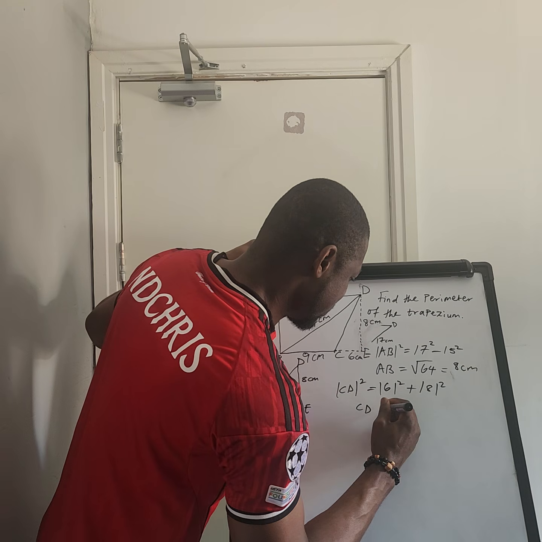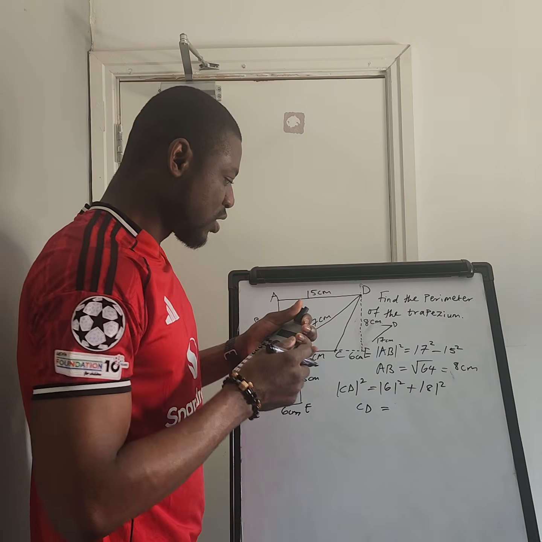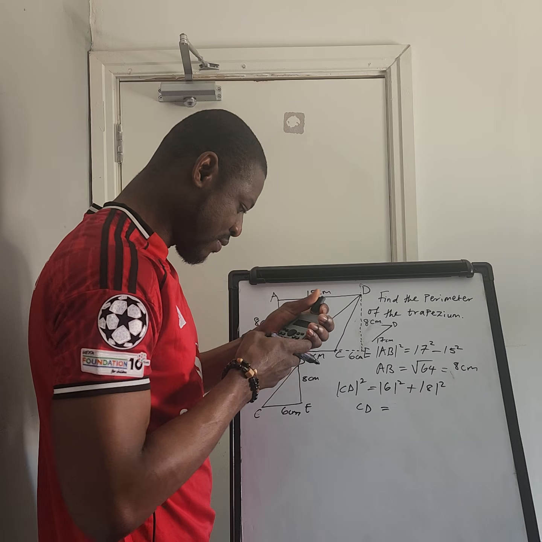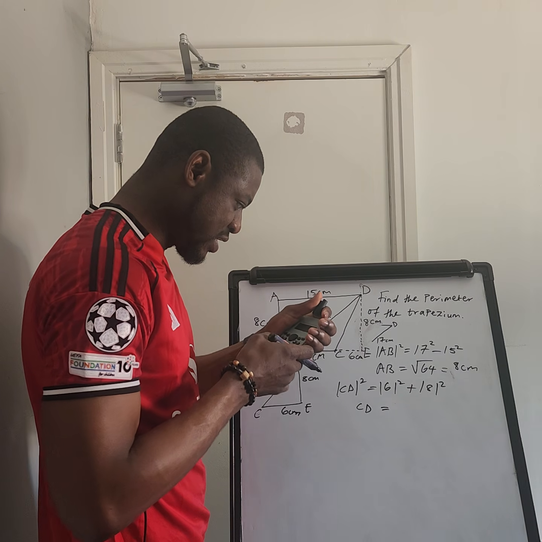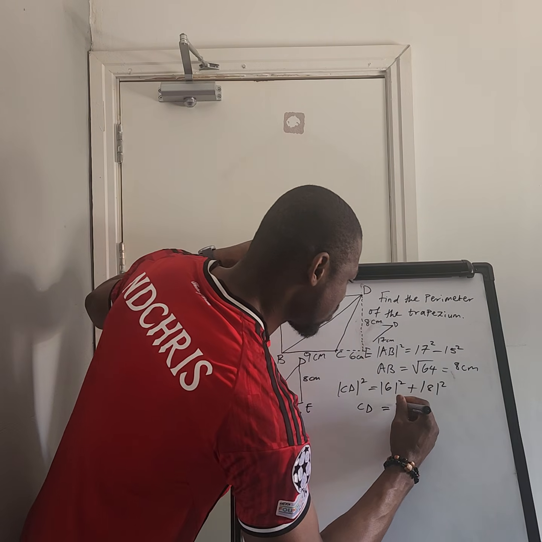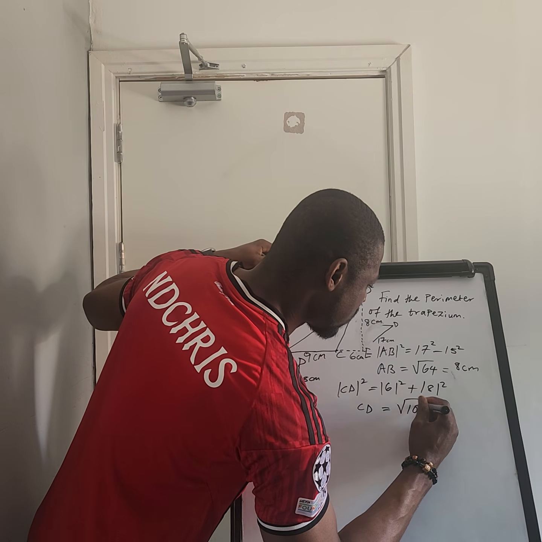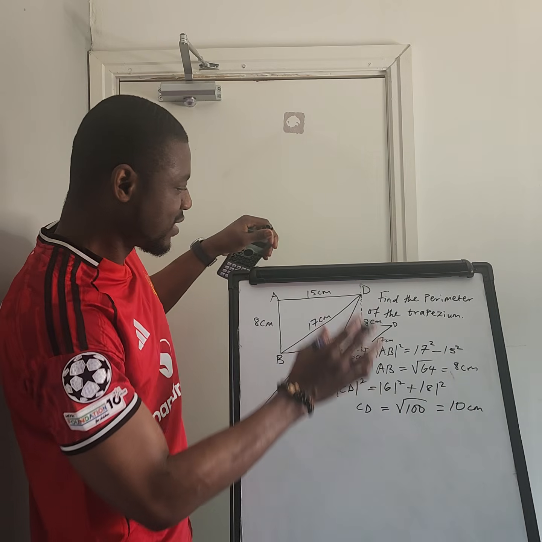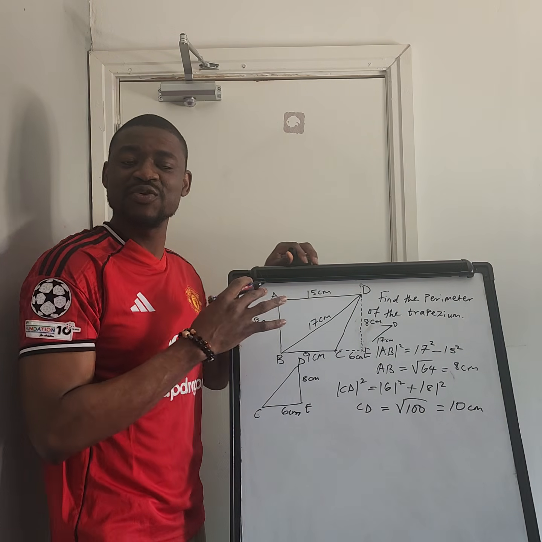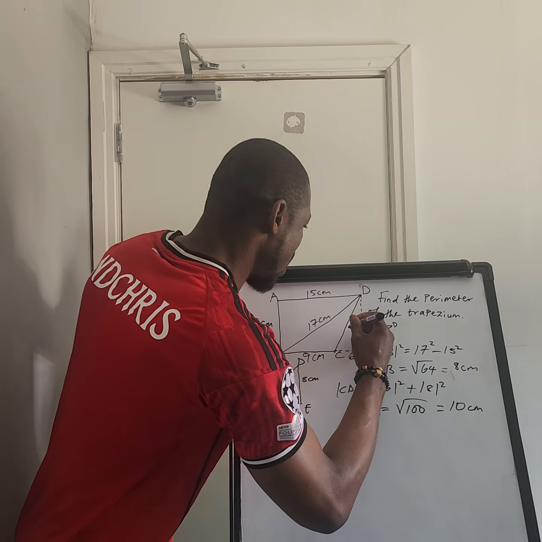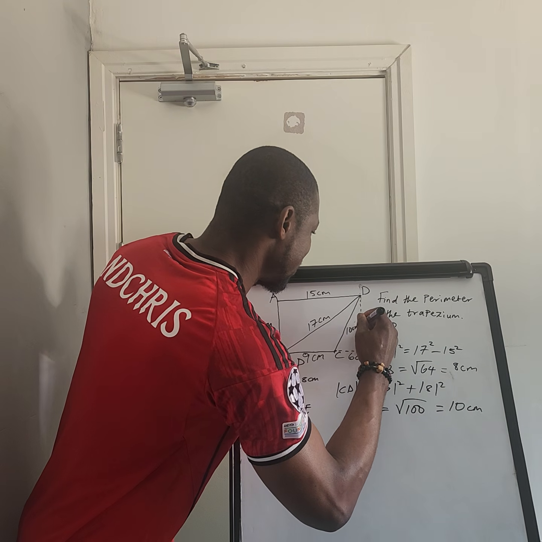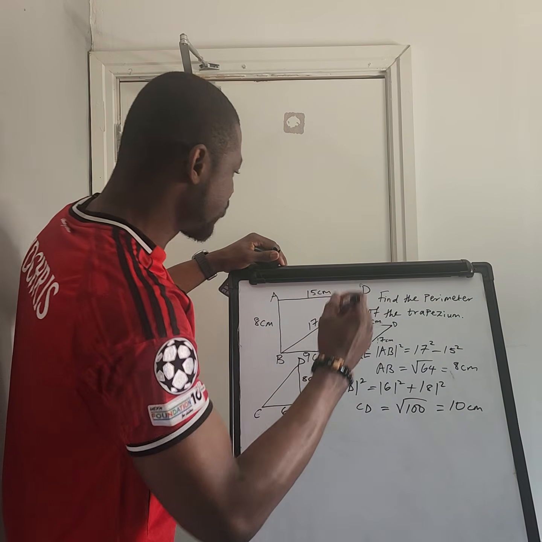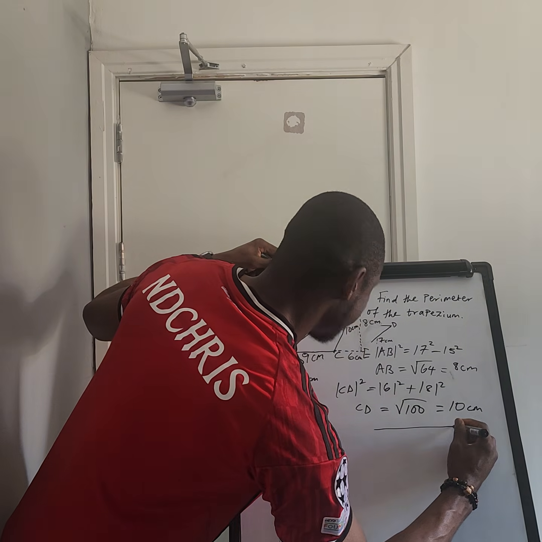So CD squared becomes the square of 6 plus the square of 8, which will give us 100. So CD becomes the square root of 100, and that will give us 10 cm. Therefore, we can come back to the original diagram and then write how much here? 10 cm.